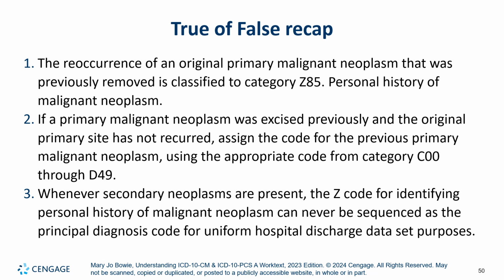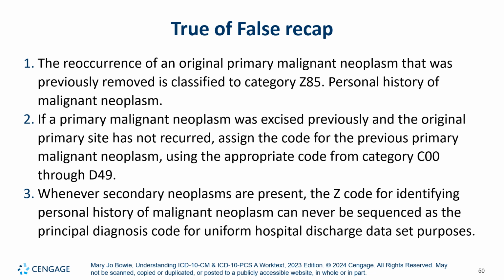Number 2: if a primary malignant neoplasm was excised previously and the original primary site has not recurred, assign the code for the previous primary malignant neoplasm using the appropriate code from C00 through D49. That's also false, because in that case we would use the personal history code of Z85, because it was excised and it has not recurred.